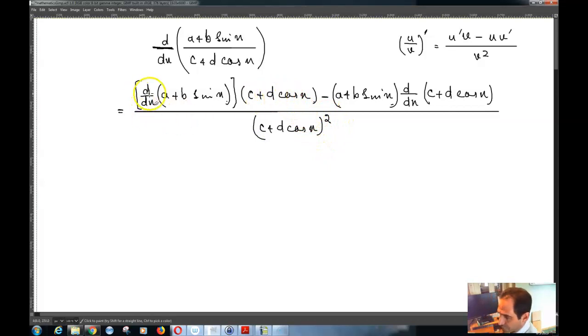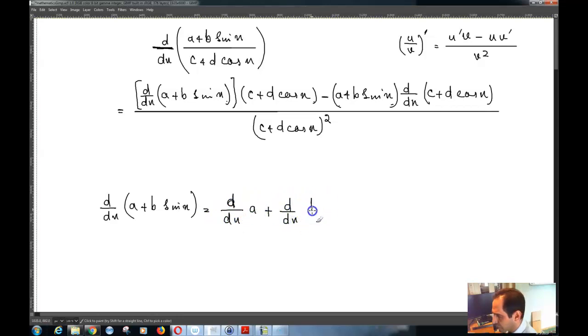Now the derivative of a plus b times sine x is equal to d by dx of a plus d by dx of b times sine x. This is equal to 0, and this is b times cos x.